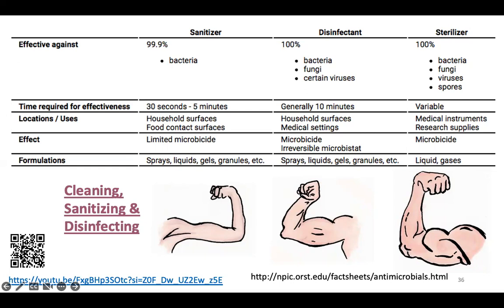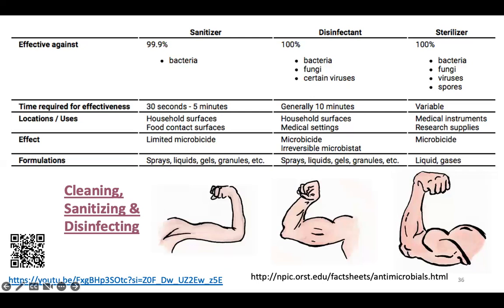On the label you will see, for example, leave it for 30 minutes. That means this is the effective time. When you apply the sanitizers or the chemicals, you have to leave them there so they take time to take effect. For example, the sanitizers' time required for effectiveness is generally 30 seconds to 5 minutes, which means after you apply the antimicrobials, you have to make sure of the wet contact time so they can fully take effect as labeled.